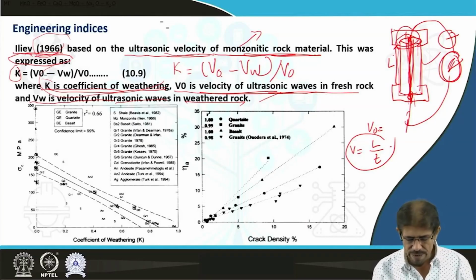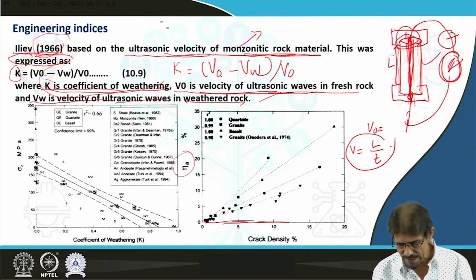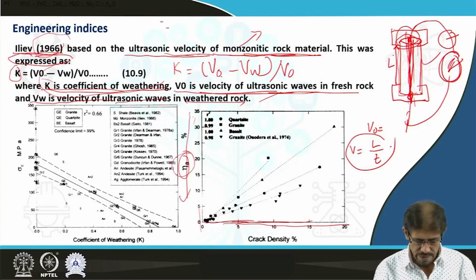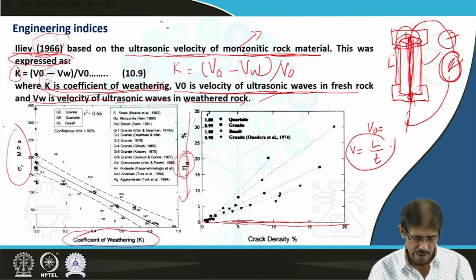We have already discussed the crack. So you can see here the crack and the strength related coefficient. There is a continuous crack in this, and this weathering effect is increasing. So crack density is increasing, and the weathering effect is increasing, which means there is a reduction in strength. Here we have a direct relationship of the coefficient of weathering with respect to the compressive strength.